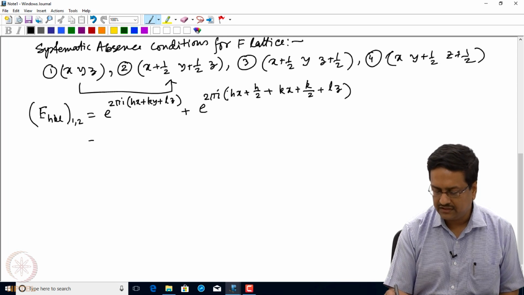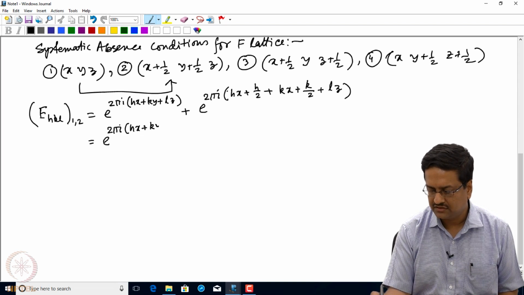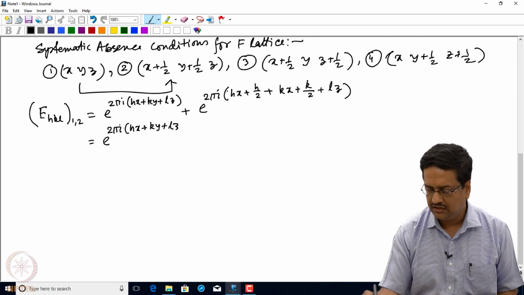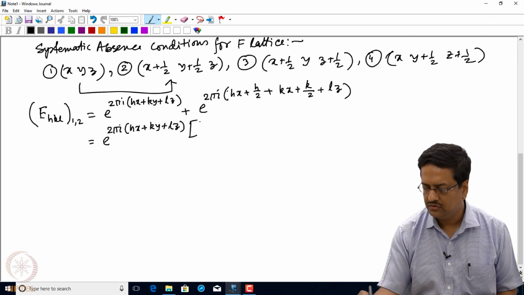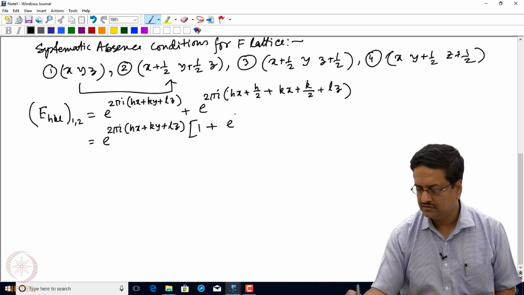So now if I take e to the power 2 pi i (Hx plus Ky plus Lz) out, what we get is 1 plus e to the power pi i (h plus k).